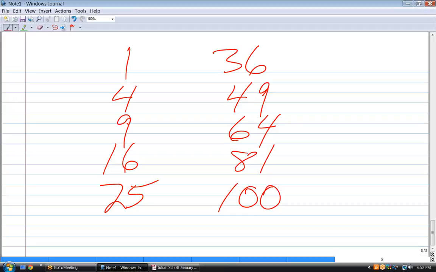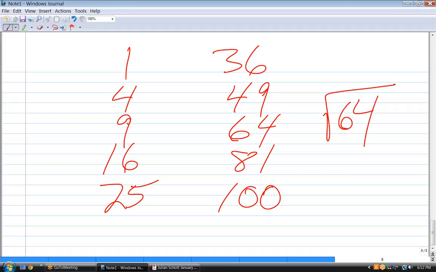These 10 numbers you want to learn to recognize are perfect square numbers. So if somebody says, what's the square root of 64, you want to recognize that instantly. That is a perfect square number. So it's a whole number is the answer. It's not going to be 8.1 or 7.9.